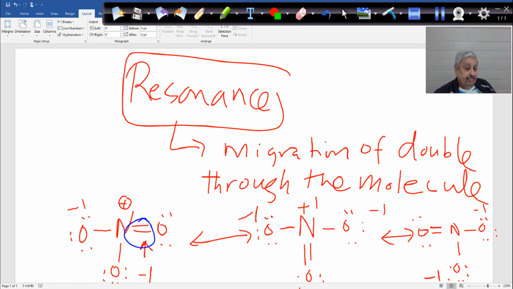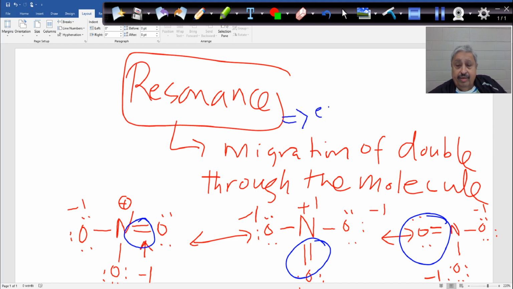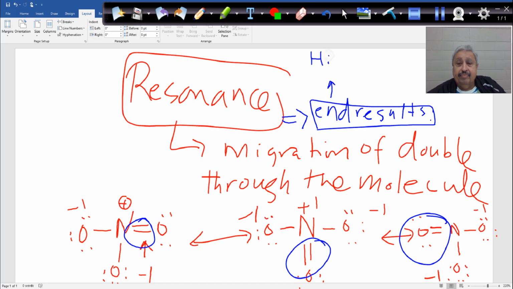So see here, it started here, then came down to the second one, then came to the third one. So this migration of the double bond, the end result of it, is higher stability.